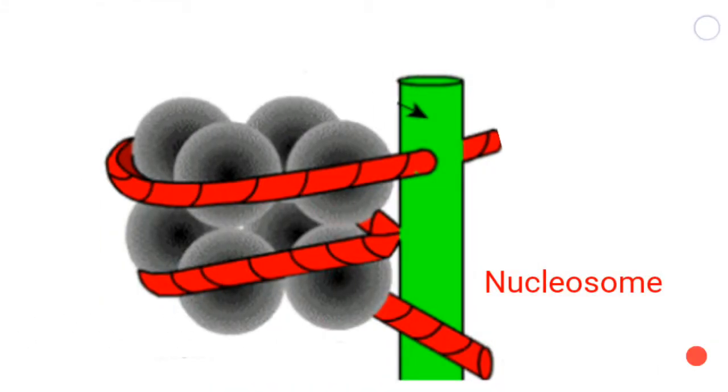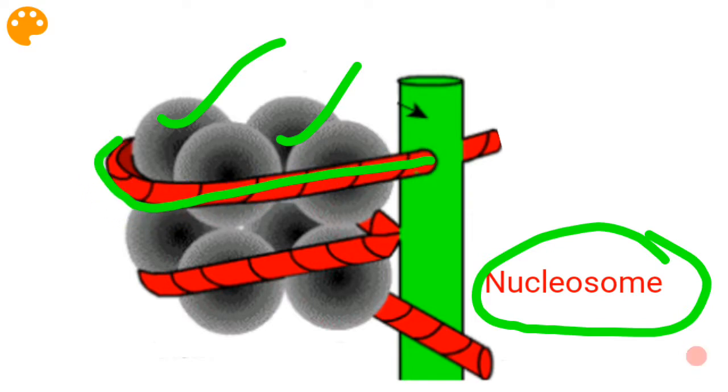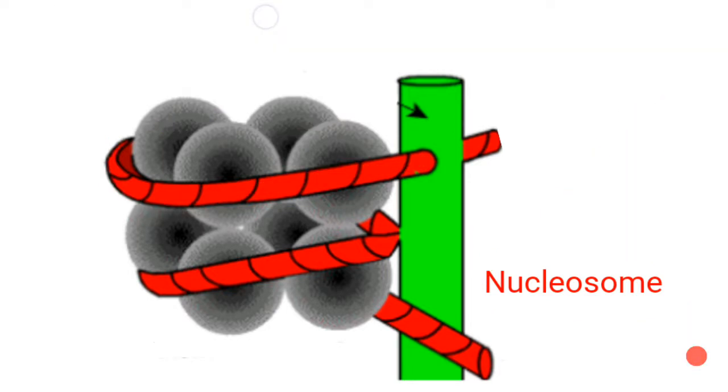Here you can see the structure of the nucleosome, that is the structural unit of chromatin. These ball like structures are the histone proteins, and this red colored thread like structure is your DNA. This DNA wraps around your histone proteins and the structure will be known as the nucleosome.